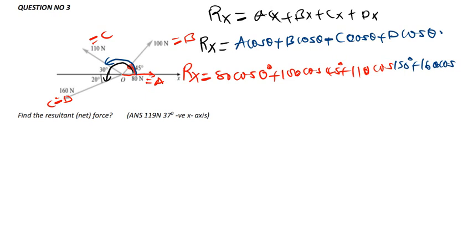So 180 plus 20, which is 200 degrees. Meaning my rx will be, I'll just do it directly: 80 cos 0 plus 100 cos 45 plus 110 cos 150 plus 160 cos 200.